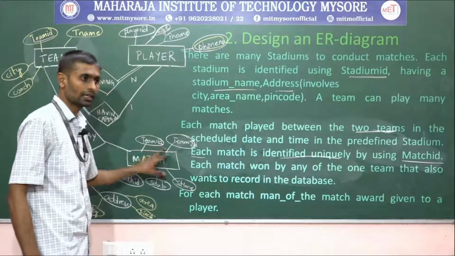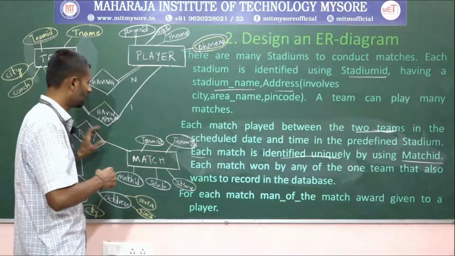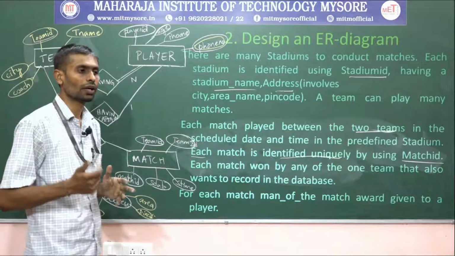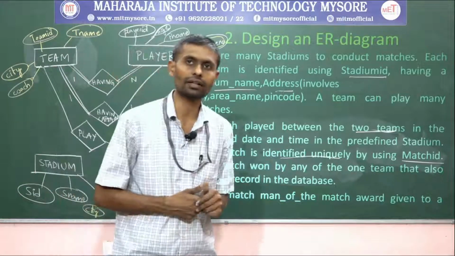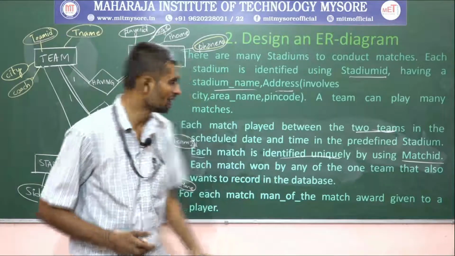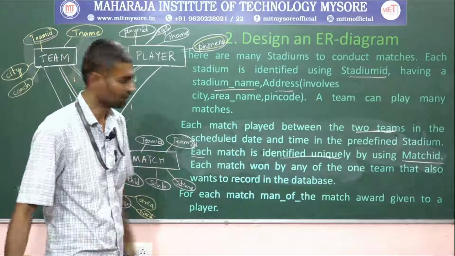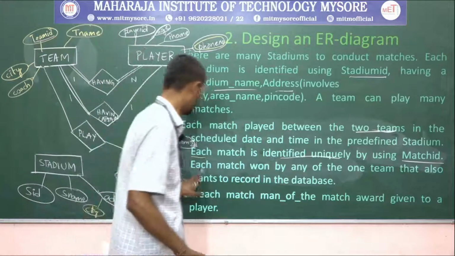If not, you can neglect it, but later you can make use of these team 1 and team 2 IDs for a match table, that means during a relational mapping, that also we can do. During that time again you have to go through the whole statement, right? That also becomes one more thing, right?